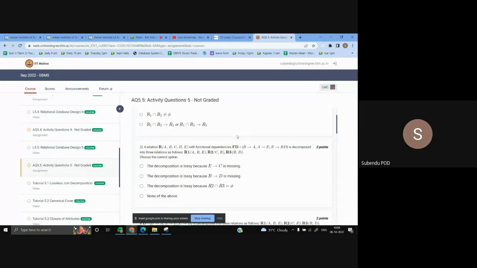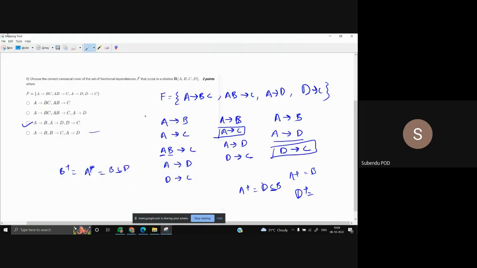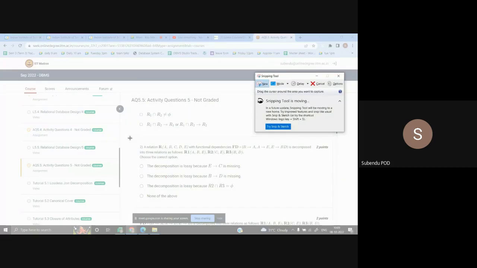Okay. So this question, this third option is wrong in this. Which option is wrong? Third. Okay, I will see. We'll see.